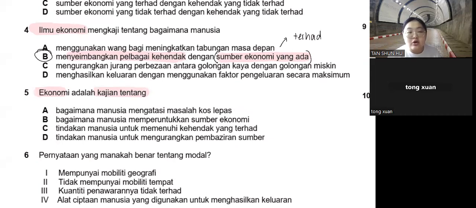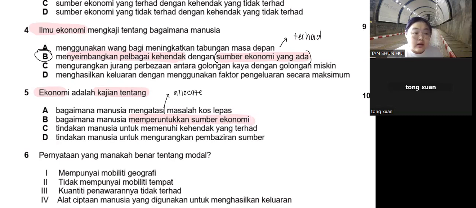So basically, economy is to look at how human memperuntuk sumber ekonomi. Okay, what is memperuntuk? Memperuntuk means they distribute. Okay, they allocate. How they allocate the sumber ekonomi.